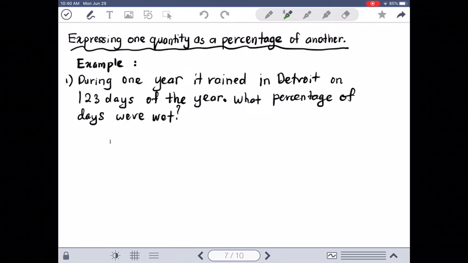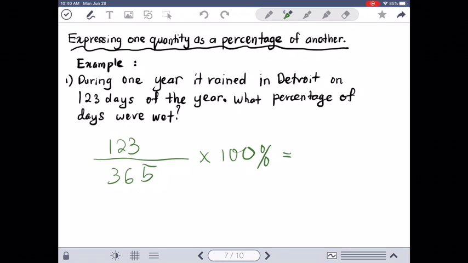So how do we calculate it? That is just 123 divided by 365, because in a year we have 365 days. Then we multiply by 100%.